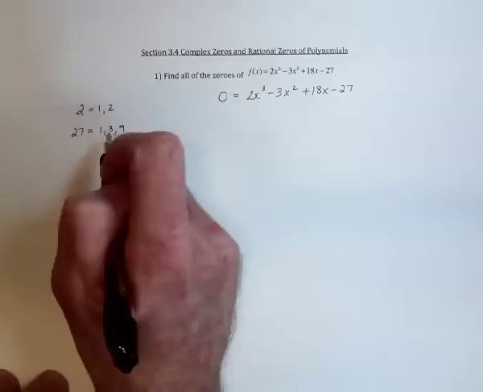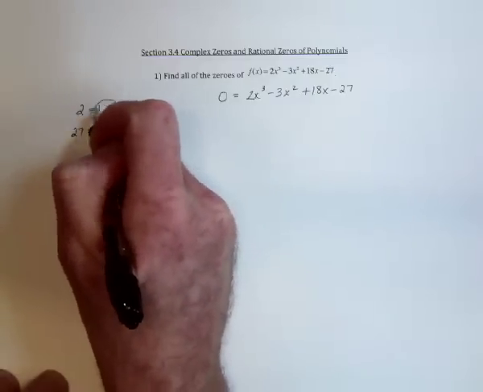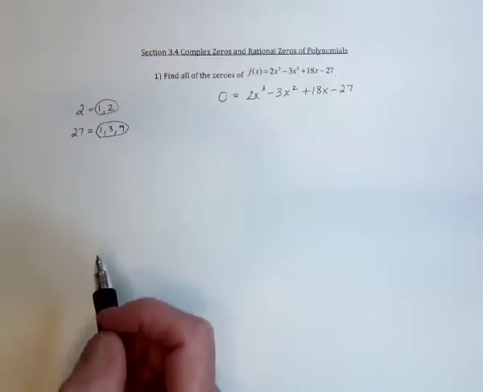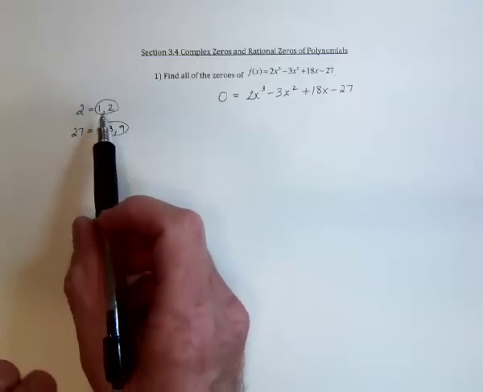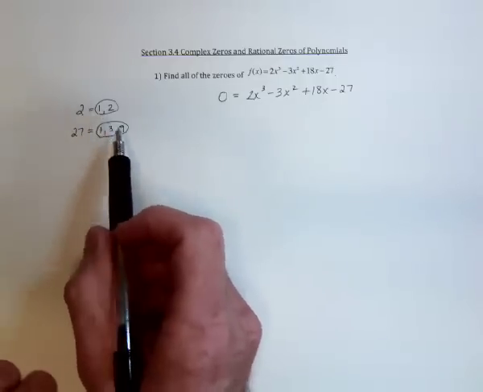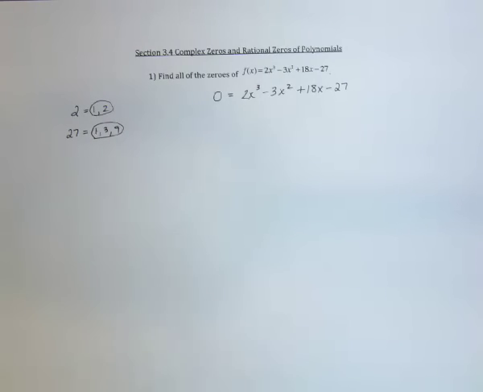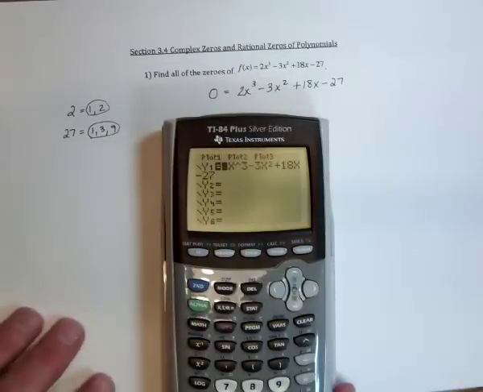And now take 1 out of here and divide it by one of them out of here. So there are lots of possibilities, because we could have 1 divided by 2, 1 divided by 1, 3 divided by 2, 3 divided by 1, etc. So to save a little bit of time, I'm going to take a look at the graph of the function.